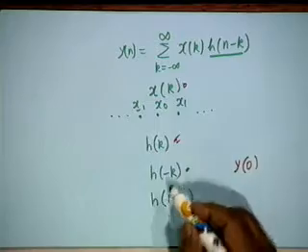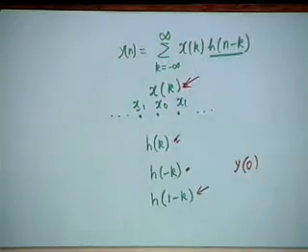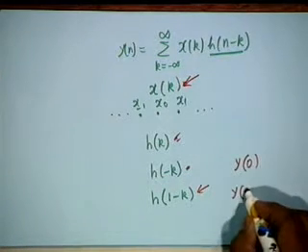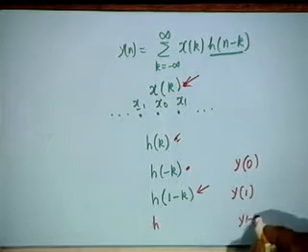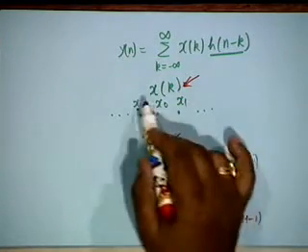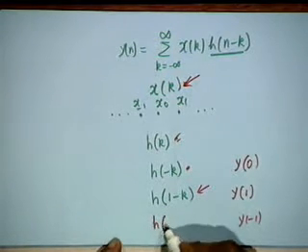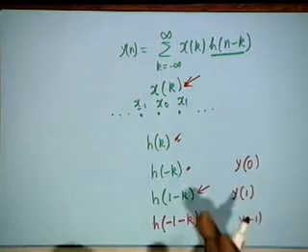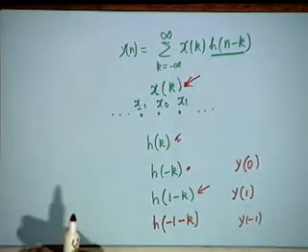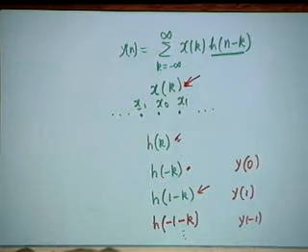And if you multiply the corresponding signals, then you get y of 1. Similarly, you can find out y of minus 1 by multiplying x of k signal by h of minus 1 minus k, which will mean a shift to the left by one sample, and you have to go on computing.